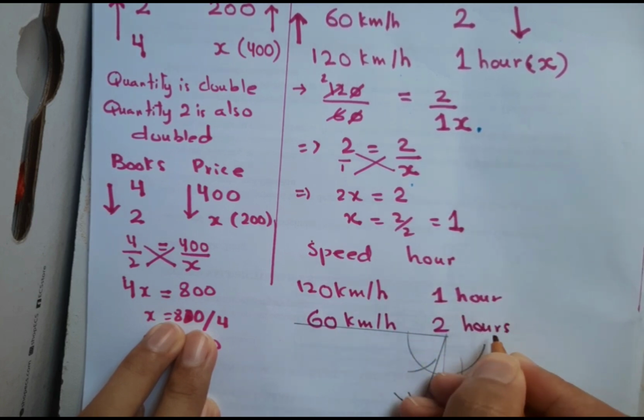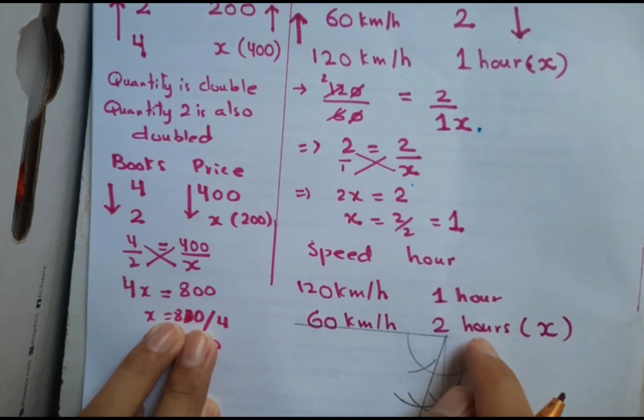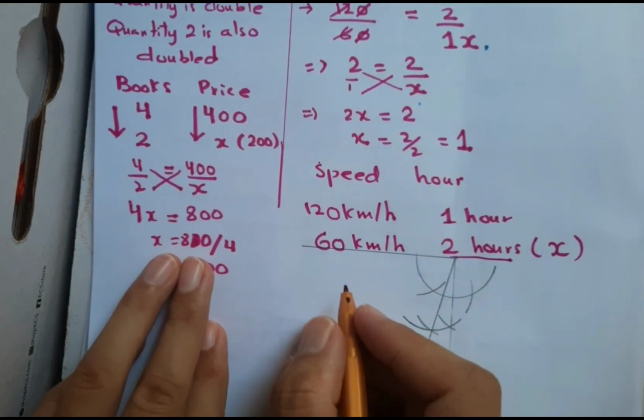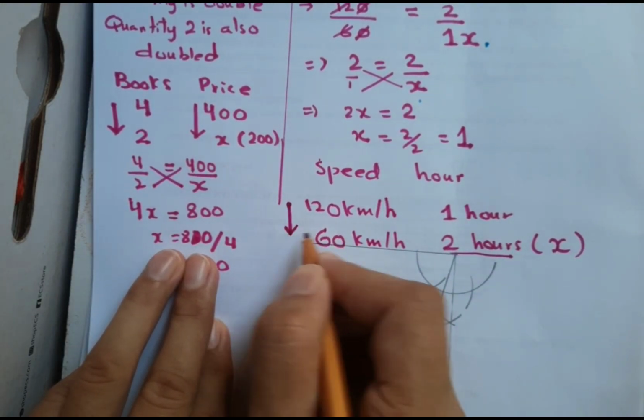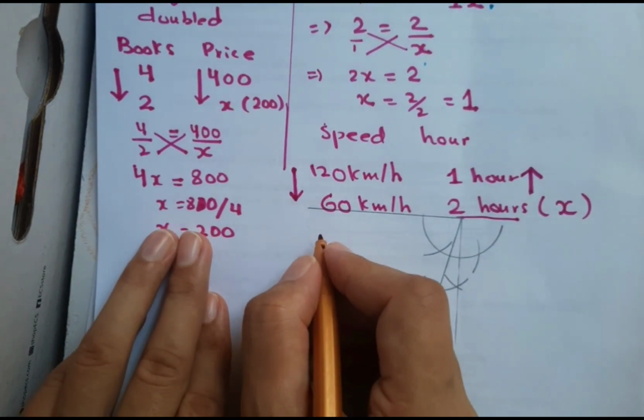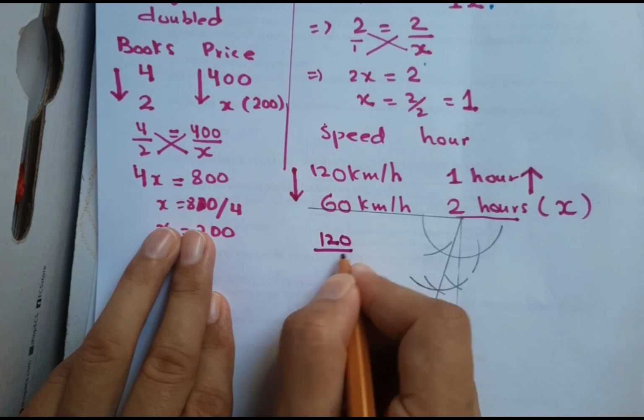So in this case the speed is decreased, so the arrow will be downward, and the other arrow is upward, because the speed is decreased. Now the time will be increased, right?